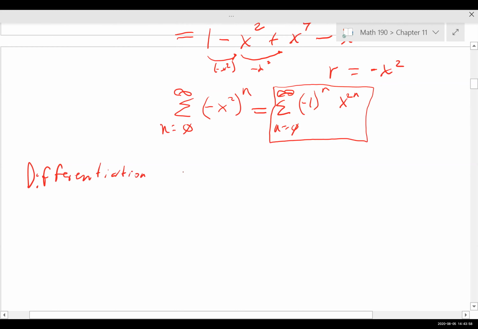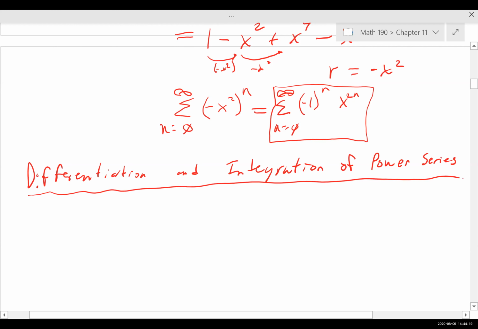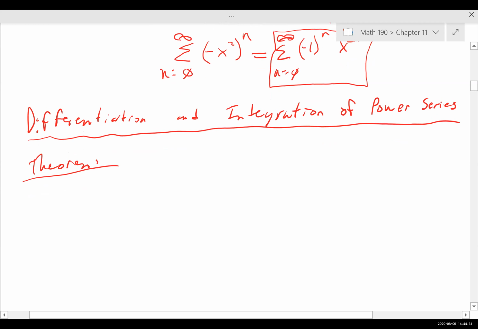Differentiation and integration of power series. Okay, so here's a theorem. If the power series, what's a power series?